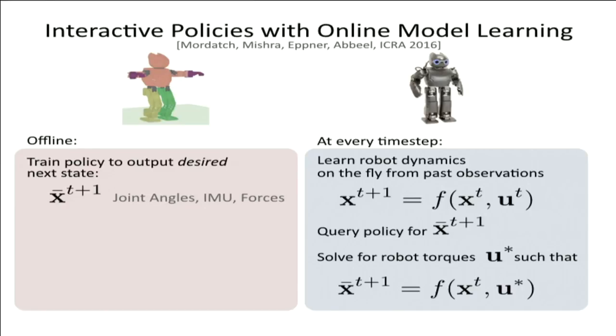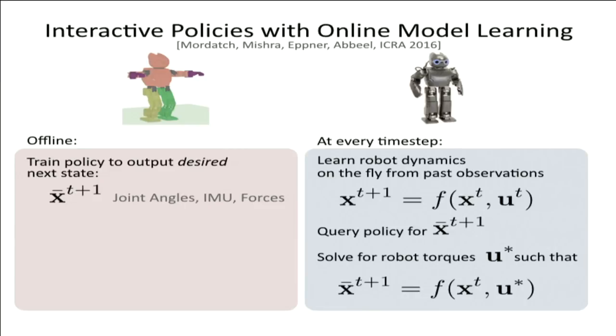Then you can query your policy: okay, in my current state, what should my desired next sensory reading be like? The policy gives you xt plus 1 bar, and then you can use your learned dynamics model to find the torques that would actually make the robot, under your learned dynamics model, go to the next desired sensory state.